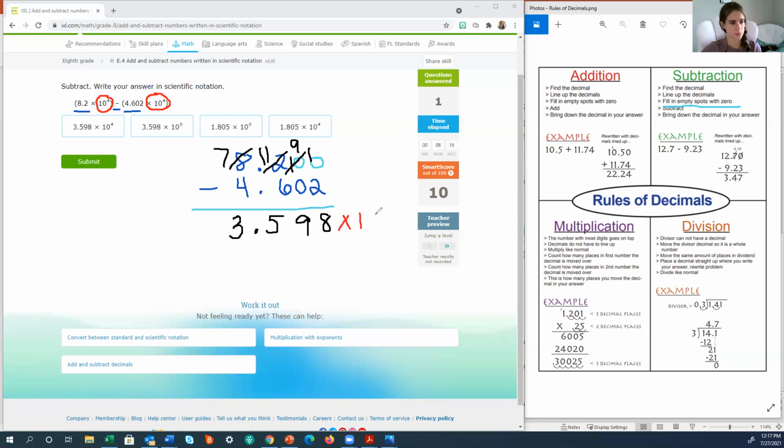Bring down our times 10 to the 4th. Nothing changes there. And my answer is in proper scientific notation still, because this value right here, written with black ink, falls between my parameters of greater than or equal to 1 and less than 10. So we're good to go.